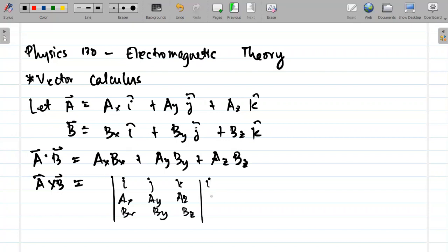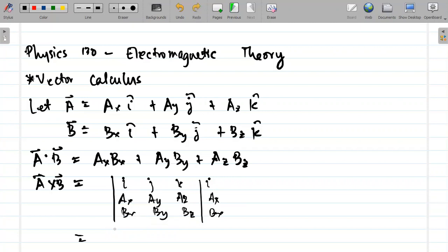So, repeat natin i, AX, BX. So, bale yung cross product ng A B, that is i hat, tapos kukunin mo yung difference nitong dalawang to. So pag j hat naman, kukunin mo yung difference nitong dalawang to. Tapos kapag k hat naman, kukunin mo yung difference ng dalawang to.